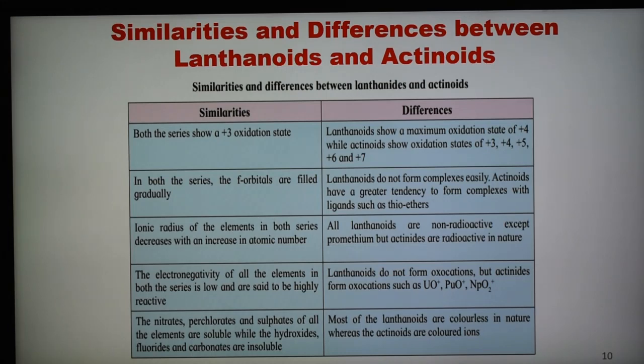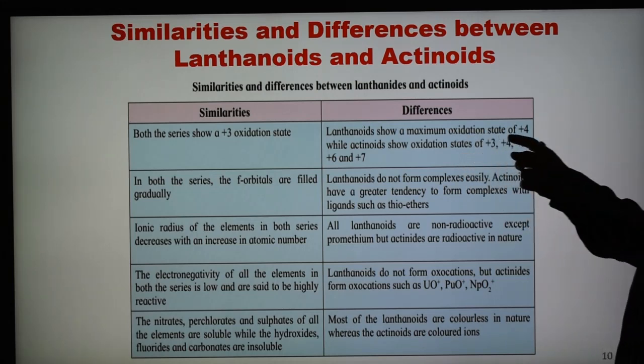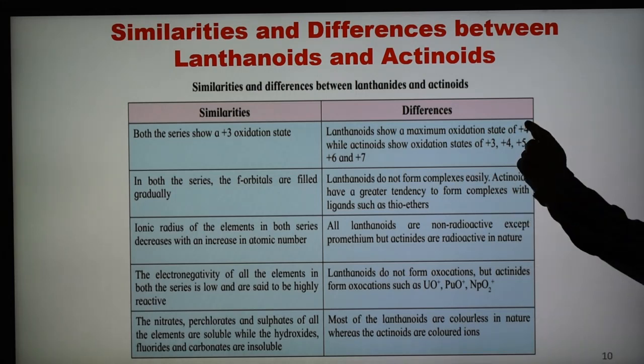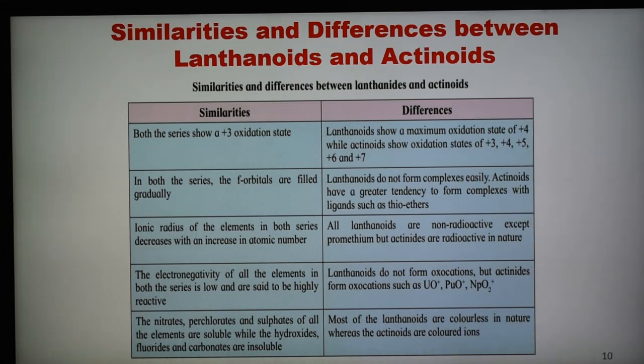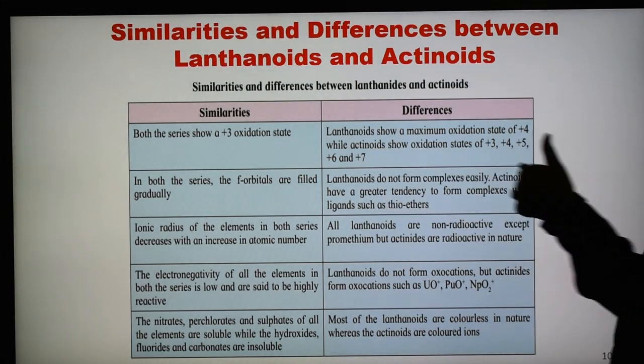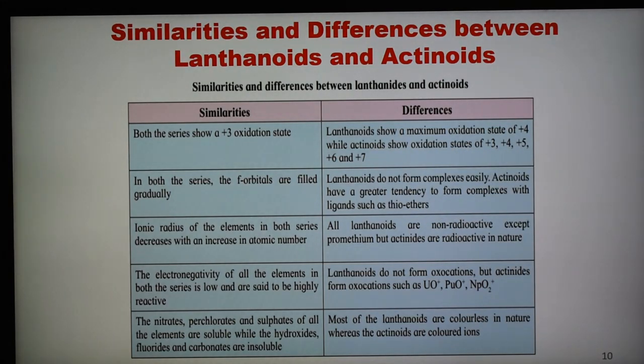Now what is the difference? What is the difference between these two series? So first difference is that lanthanide show maximum oxidation state +4. We have seen the table in case of lanthanide. So maximum is +4 oxidation state, whereas in case of actinide the maximum is +7, shown by plutonium, and +6.